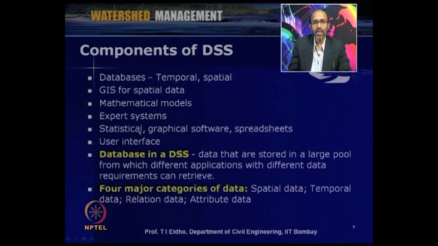We can also use statistical models, graphical software, spreadsheets, etc. within the DSS, whatever is useful for the depiction of particular scenarios. And then another important component is the user interface. Nowadays we have very effective interactive graphical user interfaces, which is also one of the important components of any effective decision support system.